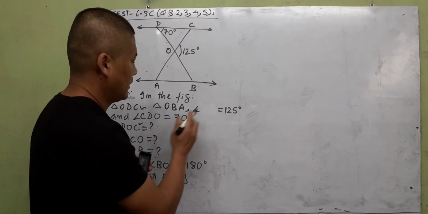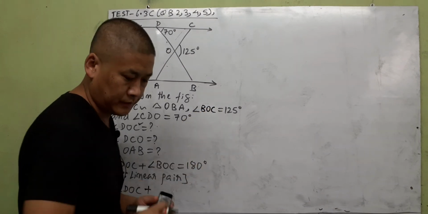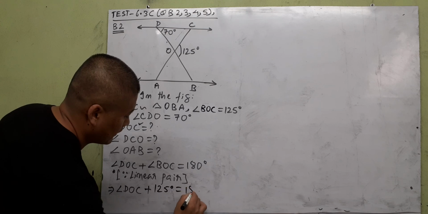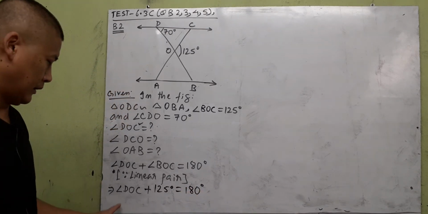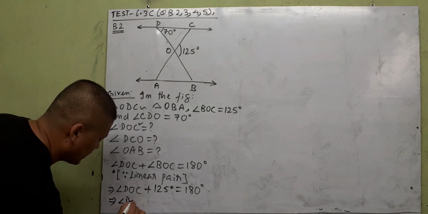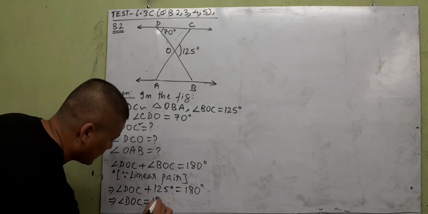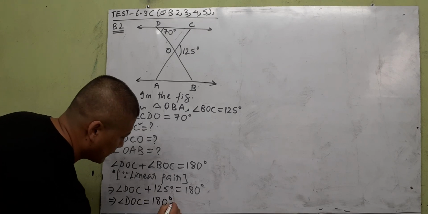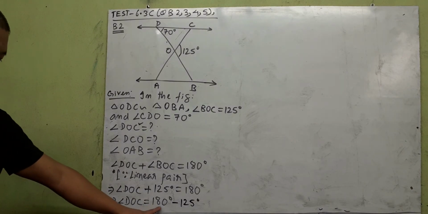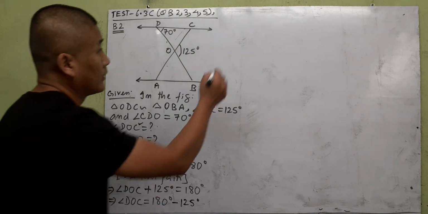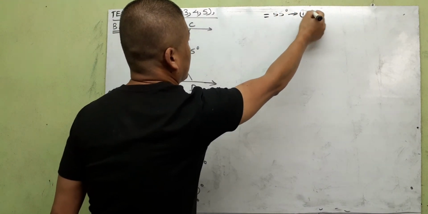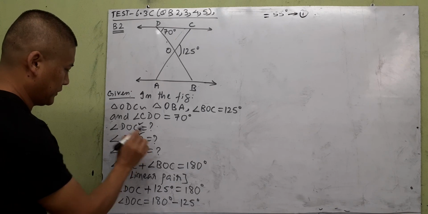This is BOC, so 125 degree. This is 180 degree. Okay, so here angle DOC measure will be 180 degree minus 125 degree. When you subtract these two, you're going to get 55 degrees. So let us keep this one. So DOC found. Now let's try to find DCO.